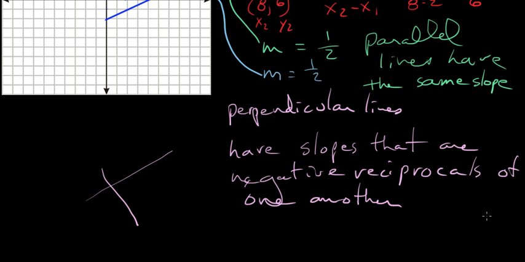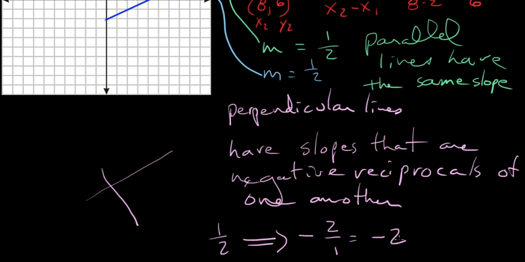What in the world does that mean? Well, consider the negative reciprocal of 1/2. Negative means that if it's positive, I make it negative, and if it's negative, I make it positive. So negative reciprocal means, first of all, I change the sign. Secondly, reciprocal means I flip the fraction upside down. Very simple.